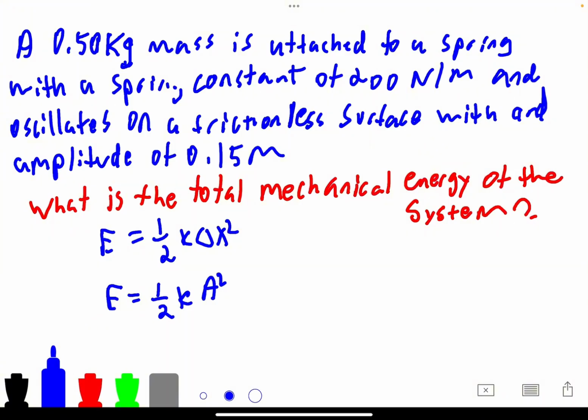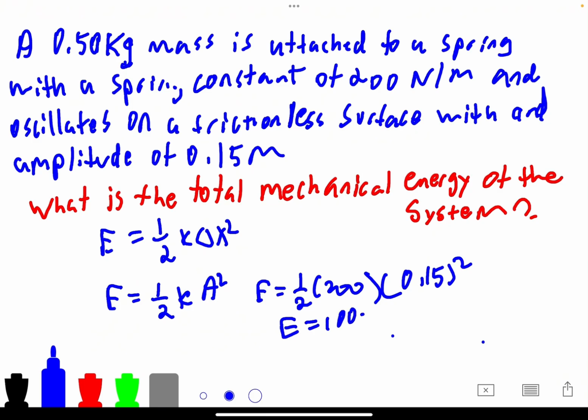For k, we have a value of 200, so the energy would be 1/2 times 200. The amplitude is 0.15, all that squared, and that gets me down to energy equal to 1/2 multiplied by 0.0225, and the amount of energy would be equal to 2.25 joules.